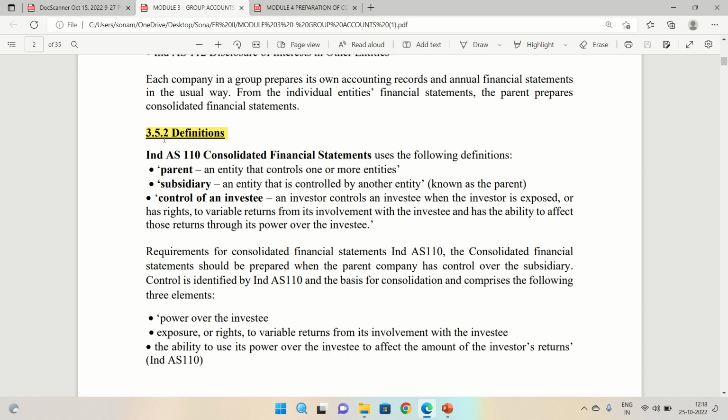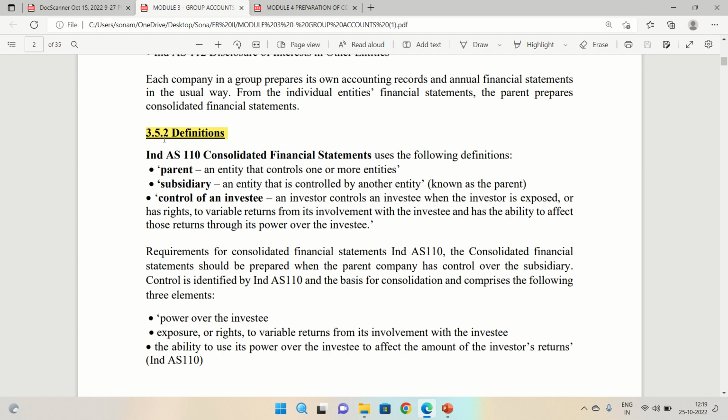So when a particular parent company has the right to the variable returns from that particular investee, or the parent company has the ability to affect those returns, then we'll call it control. That is the meaning or definition of control according to Ind AS 110 Consolidated Financial Statements.